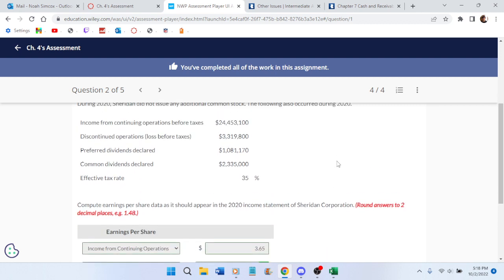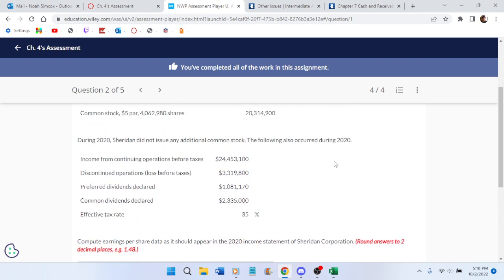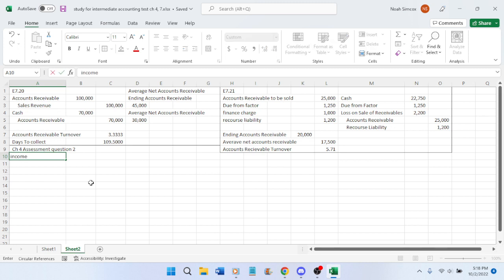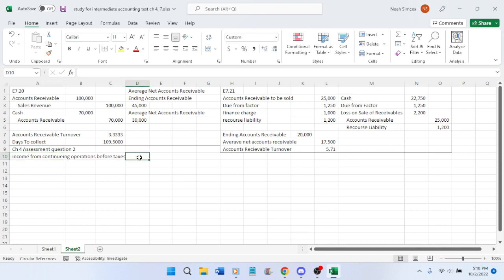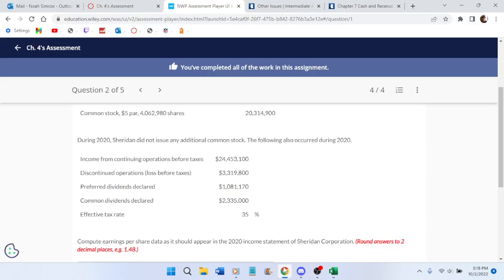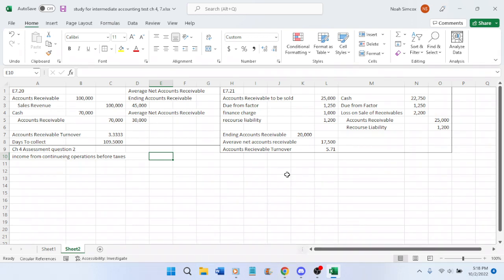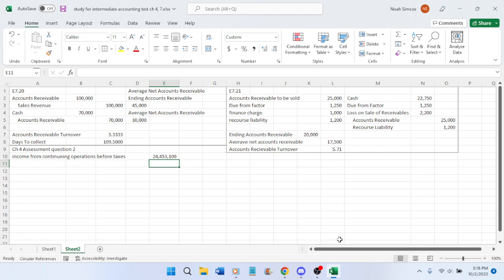How to compute income from continuing operations before taxes. They already told us that: 24,453,100.